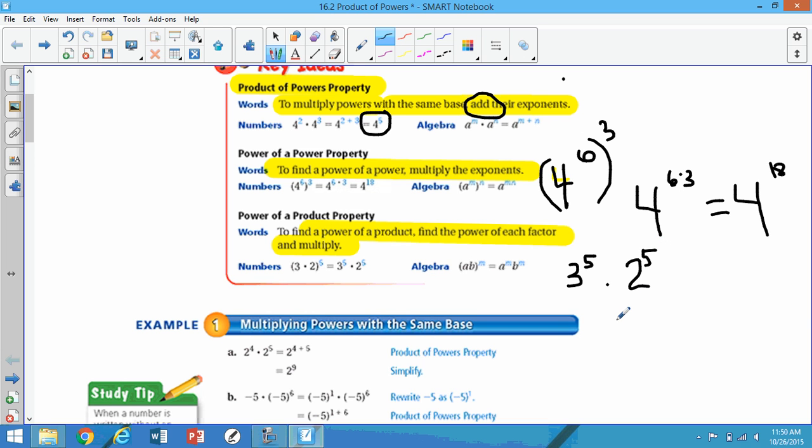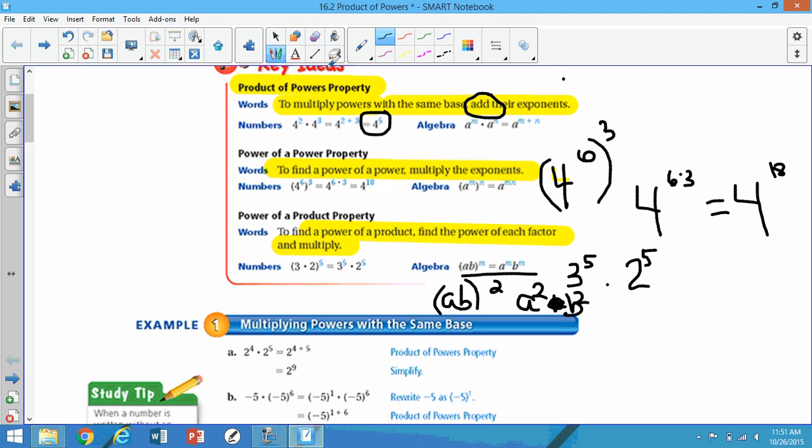That's only when you are multiplying here. You don't see that a ton, but you might see it with algebra, where you have A, B together, and that whole thing is squared. So that becomes A squared times B squared.